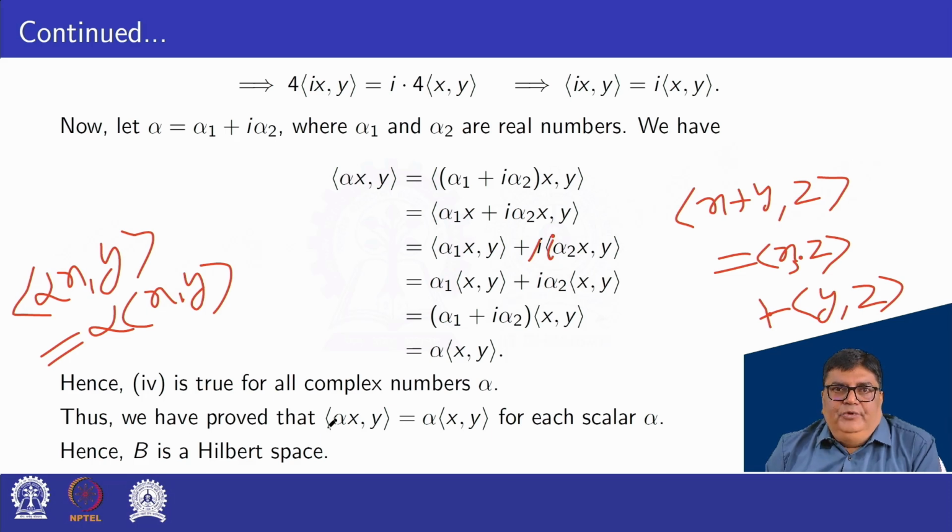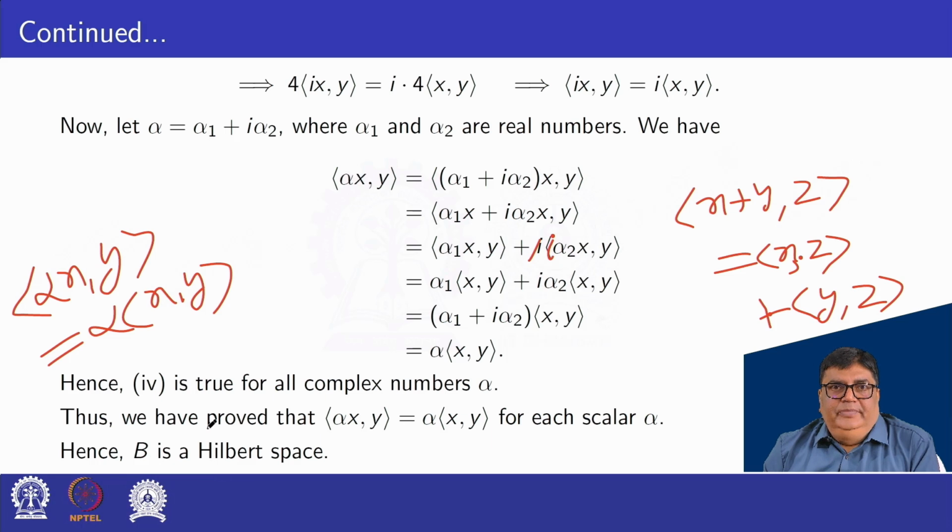So thus we have proved that the inner product of alpha x, y equals alpha into the inner product of x, y for each scalar. Here B is a Banach space, B obeys the polarization identity and parallelogram law, and satisfies all the conditions of an inner product.